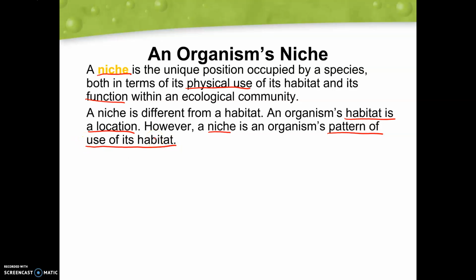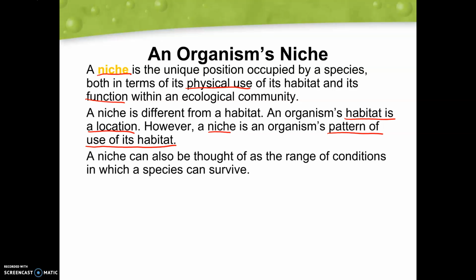Say you have an animal and its habitat, it needs water, food, and shade. Well, that would be its habitat, but the organism's niche is going to be how it's using those resources in that habitat. So that movement and how it can adapt to different situations.